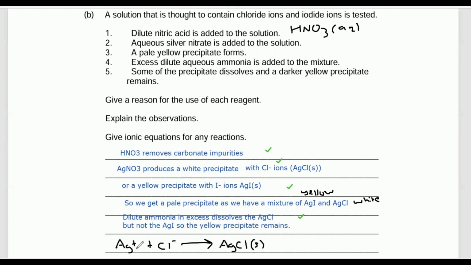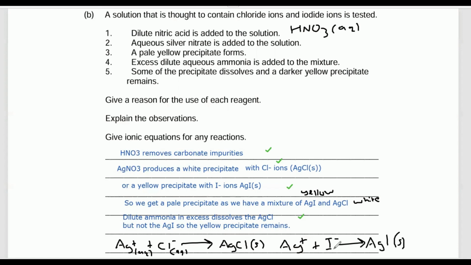And if I'm going to do state symbols, then ions are always aqueous. And then we've got the Ag+ from the silver nitrate, plus the iodide ions, and we get AgI.